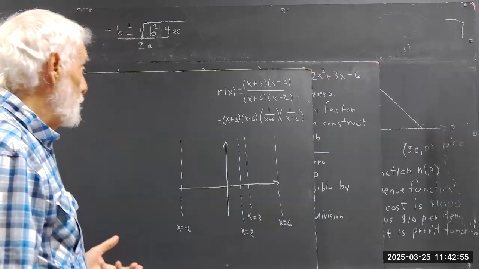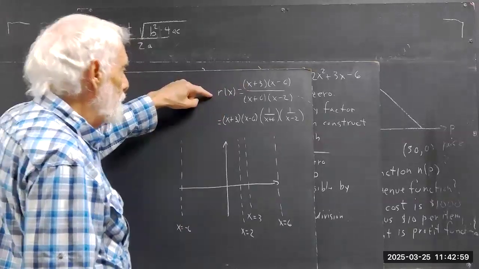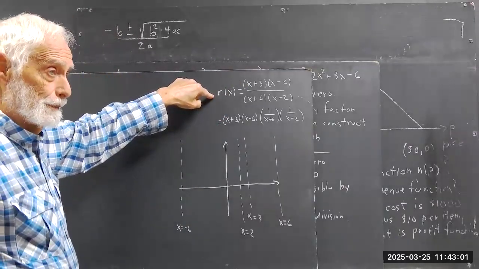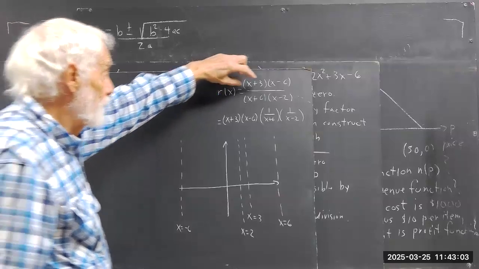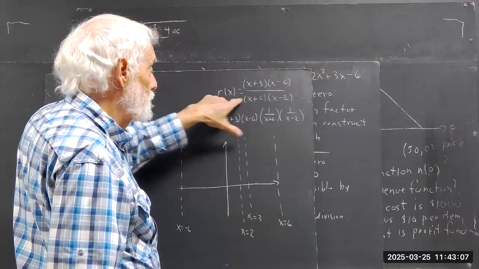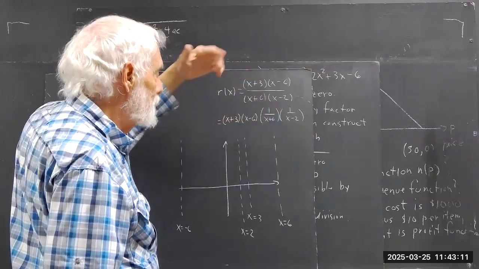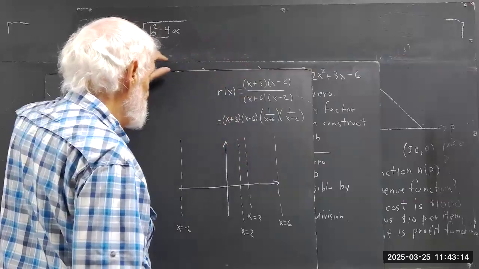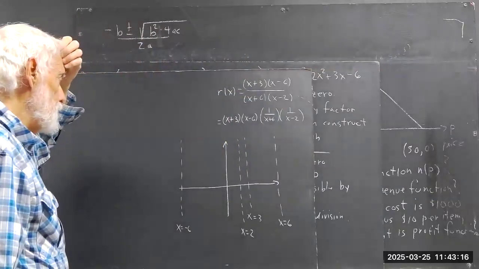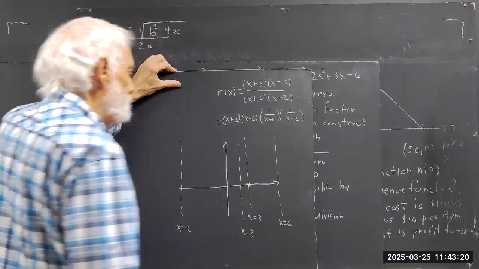Okay. Well, if x plus 3 is 0, that makes the whole thing 0, doesn't it? Because if this is 0, then this times this is 0. And whatever we have down here, unless it's also 0, it's still going to give us 0. So that x equals -3 is going to give us an x-intercept.